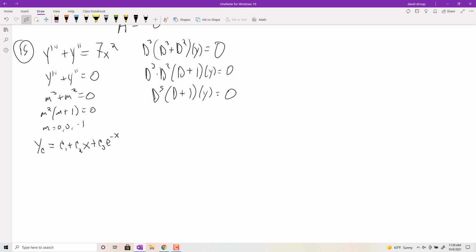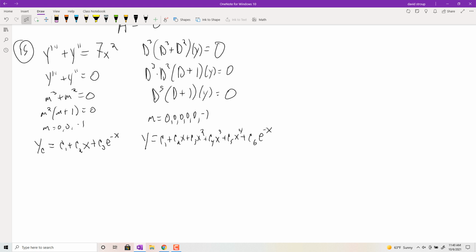So my roots, if you just pretend the D's are m's, basically you get 0, 0, 0, 0, 0, -1. So our solution from this part, I'll just call y, would be c1 plus c2x plus c3x squared plus c4x cubed plus c5x to the 4th plus c6e to negative x.